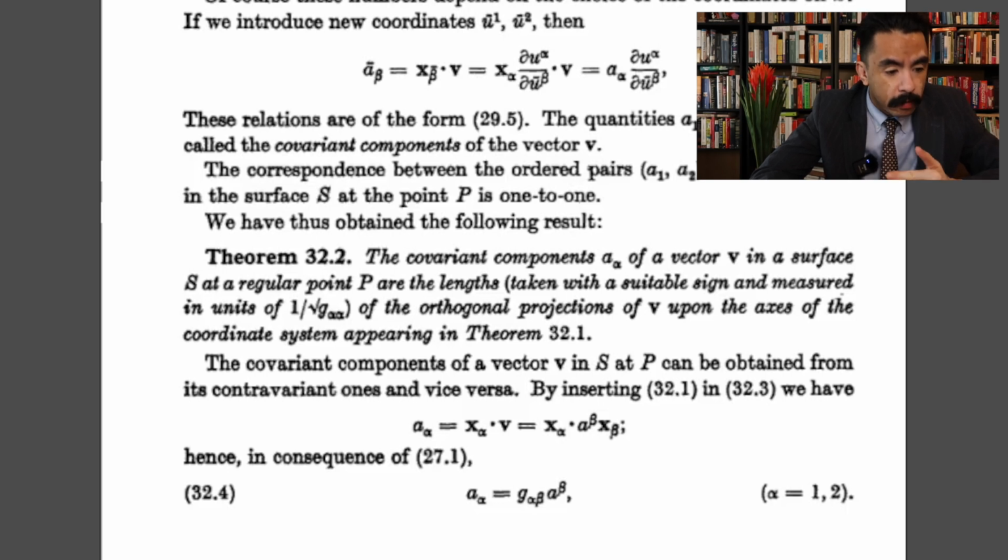We have that a sub alpha equals x sub alpha dot product with v, which is equal to x sub alpha dot product with a superscript beta times x sub beta. Hence, in consequence of the notation where vector x sub alpha dot product with x sub beta is equal to g sub alpha beta, we have that a sub alpha is equal to g sub alpha beta times a superscript beta, where alpha can be 1 or 2.